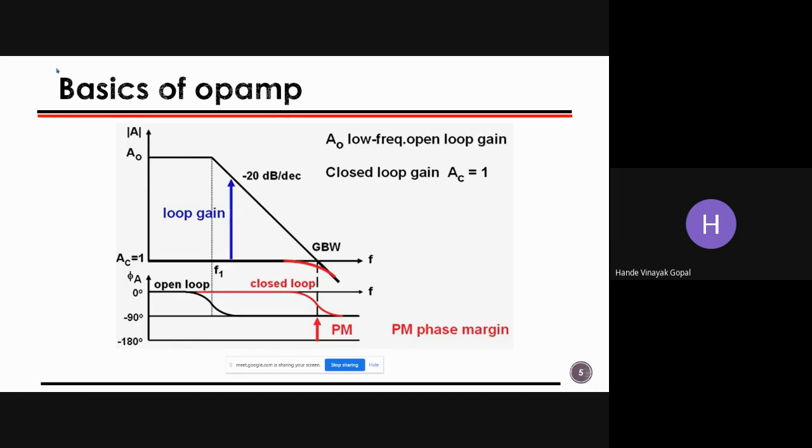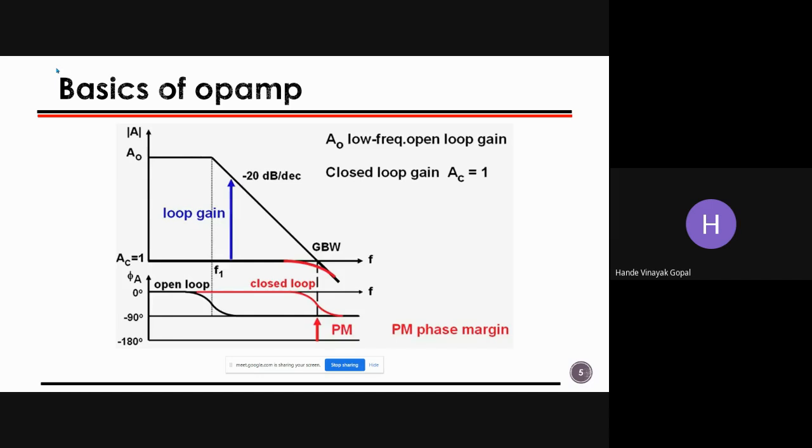So we can see over here at the GBW, we have a phase margin of 90 degrees. A 90-degree phase margin is very, very good, so you don't have to worry about stability at all, right? Generally people will prefer the single pole system. A single pole system, which is a dominant pole system, is comparatively easy to design, but again it has some demerits as well.